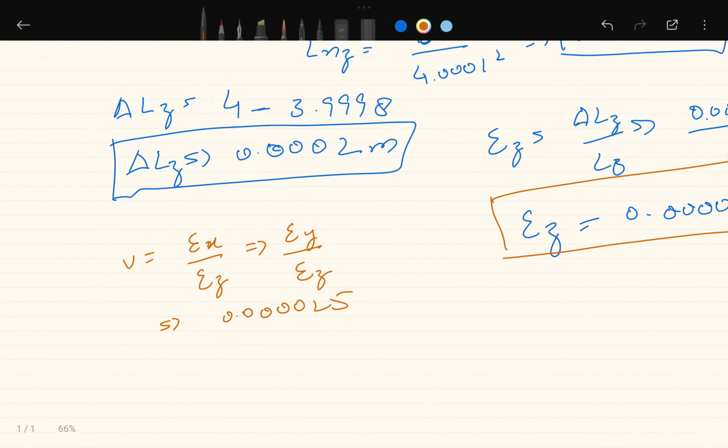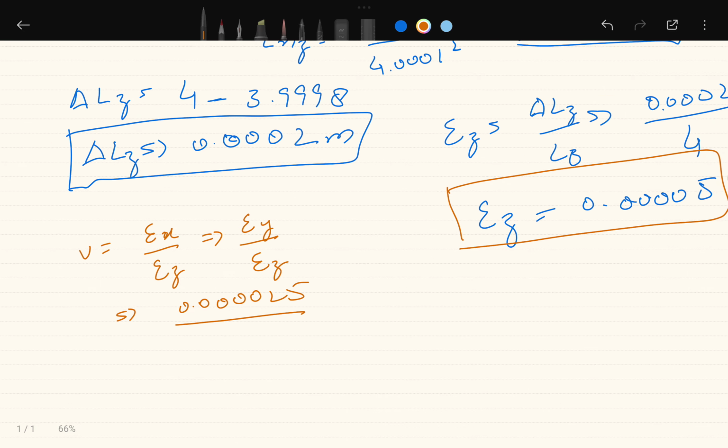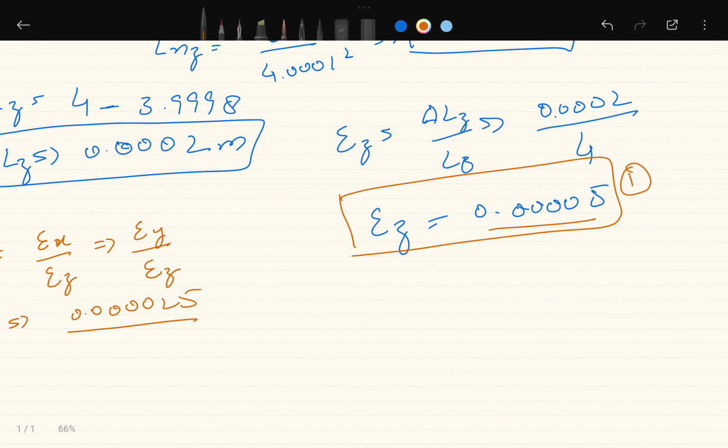divided by the strain in the longitudinal axis, which is this one.